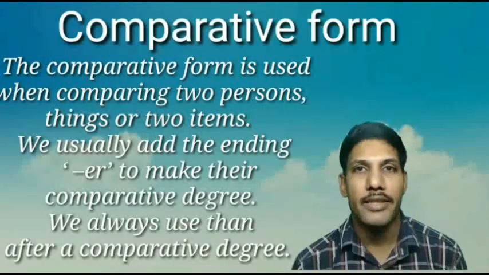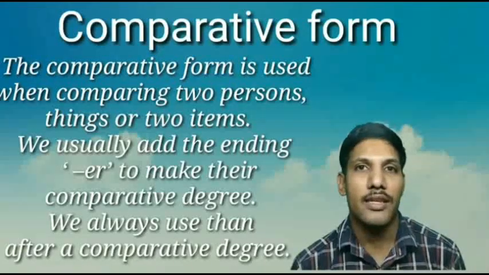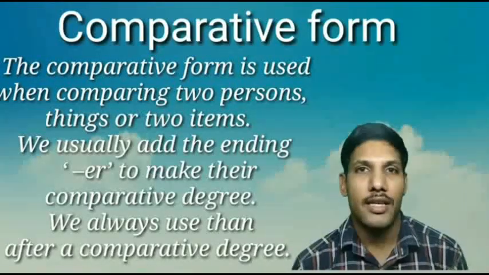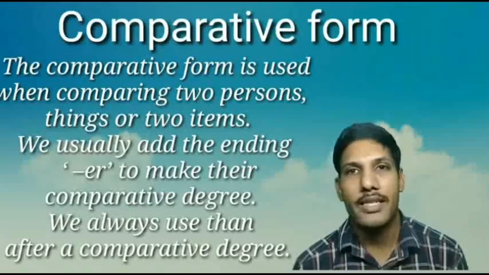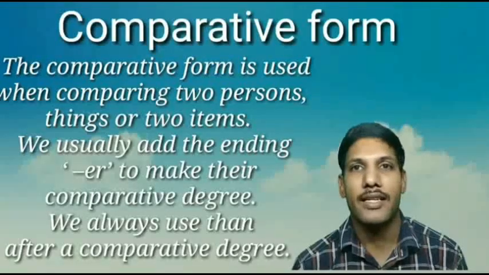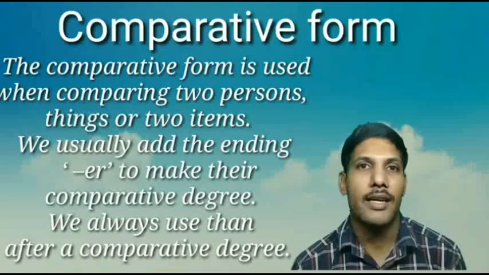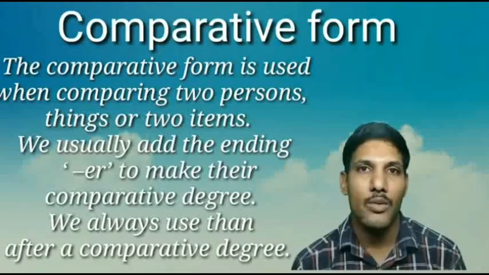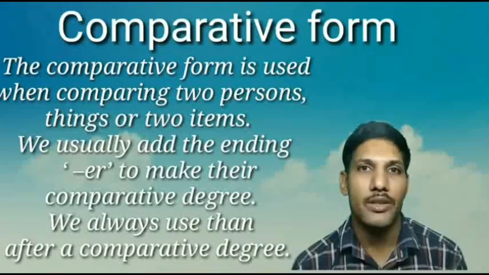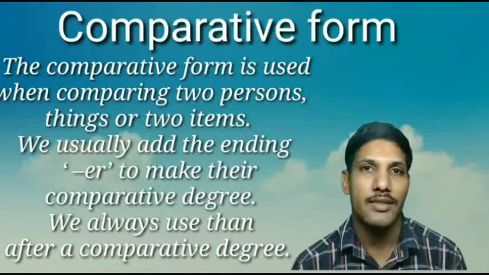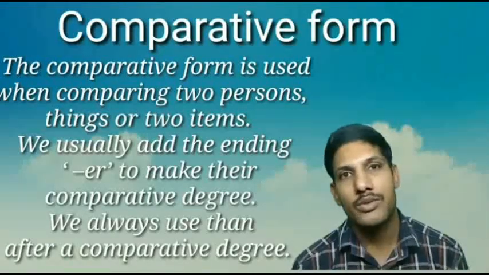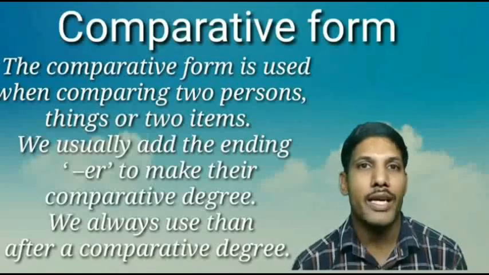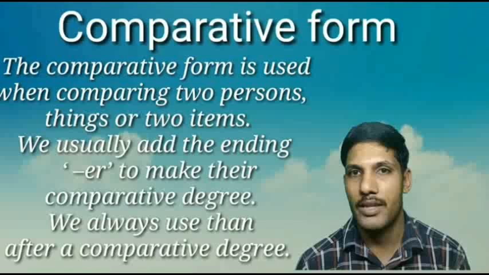As you can see, er is added at the end. Hence, it is concluded that whenever er is added at the end, it is comparative form. One thing that should be noticed is that whenever we use the comparative form, we add than after the comparative form.